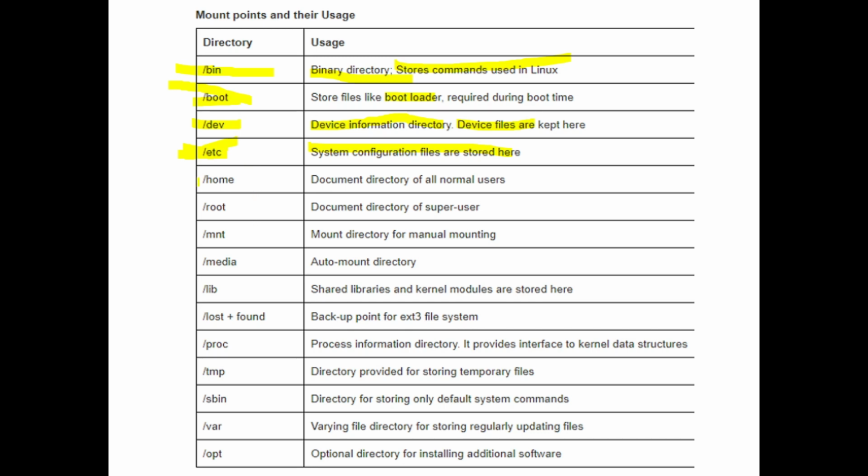And I think you're already familiar with this. This is /home. This is the document directory of all normal users. So let's say you have created a user named user1 with the command sudo adduser.